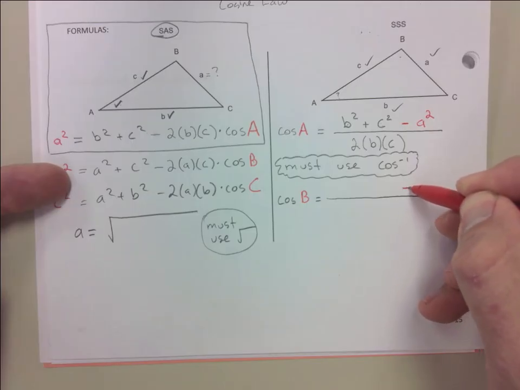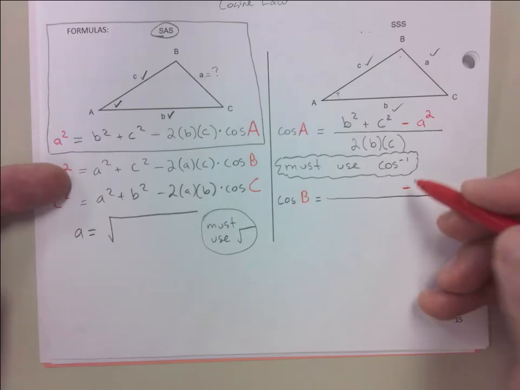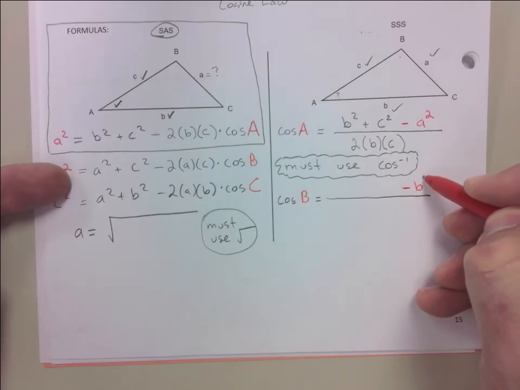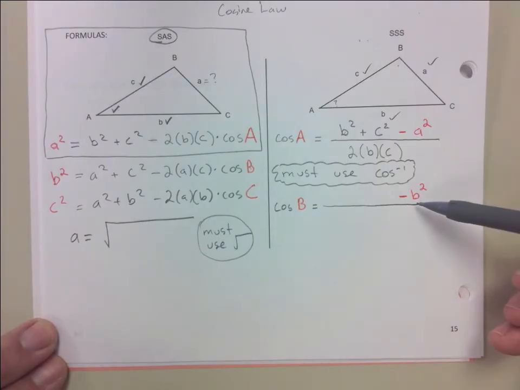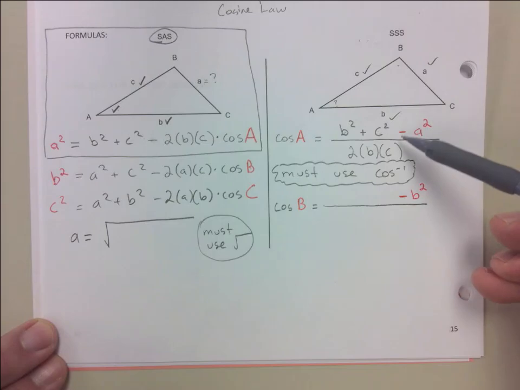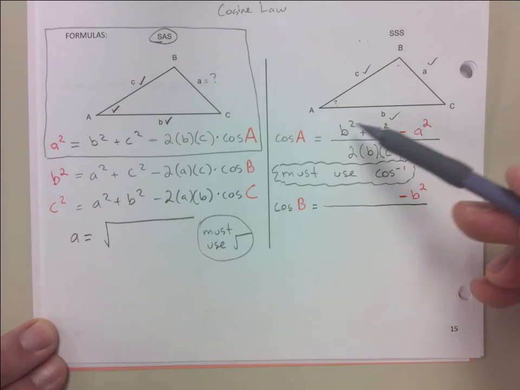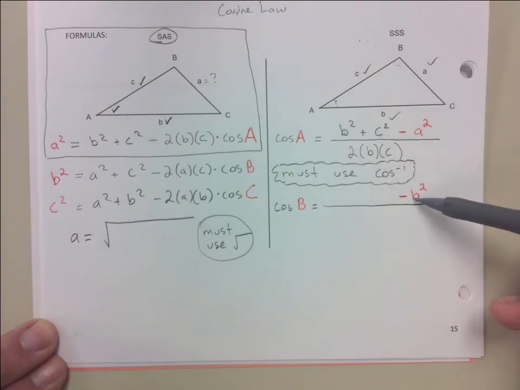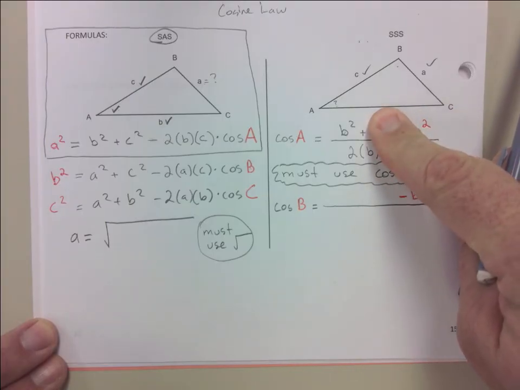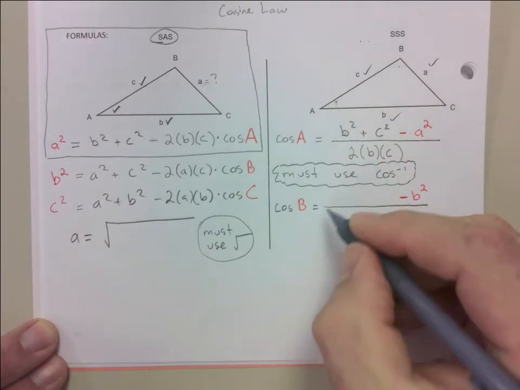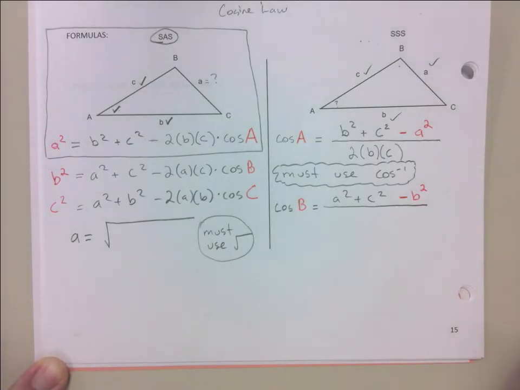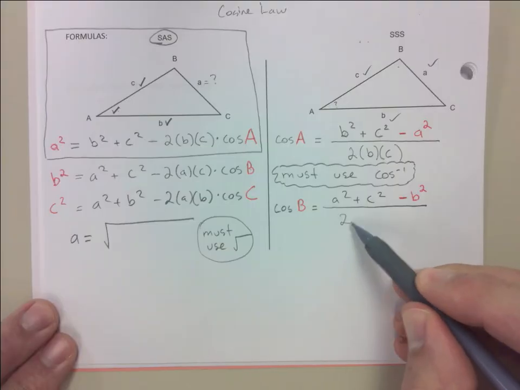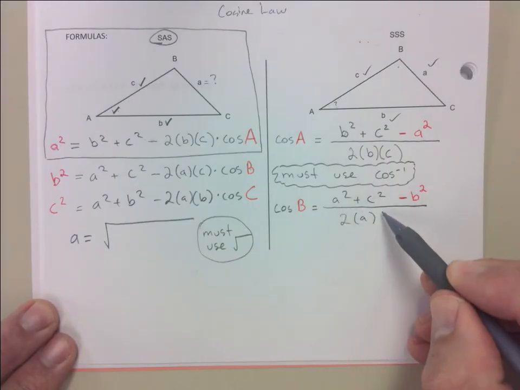We're going to go minus, if it's angle B that you're trying to find, then we're going to take the side across from it, subtract it. And what are you left with? If B is already used up, it doesn't show up again. Look at this up here. A is used here, it doesn't show up anywhere else. So if B is used up, you're left with A and C, right? So it's A squared plus C squared minus B squared, and then it's 2 times A, the first one, times C.